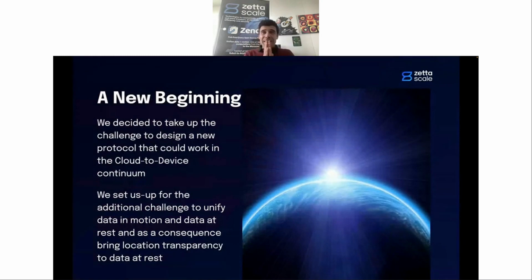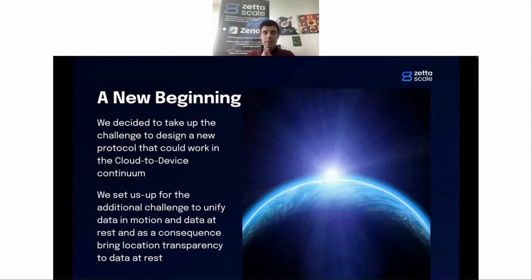And besides the problem of making sure that we could have data in motion, so data moving without barriers, unconstrained, as in our mission, from the data center down to the microcontroller, the other big problem that we, and our users, were facing is that when you use publish subscribe, you enjoy a property that is called location transparency.